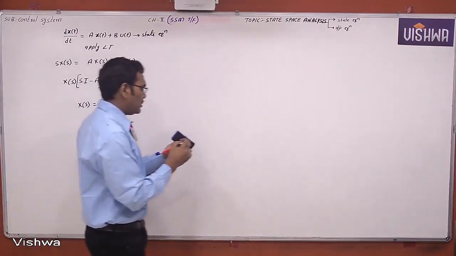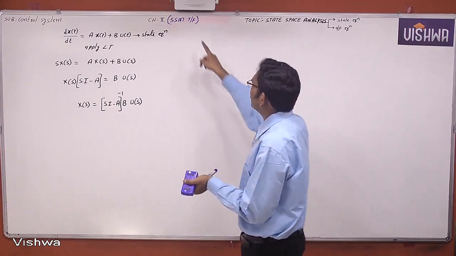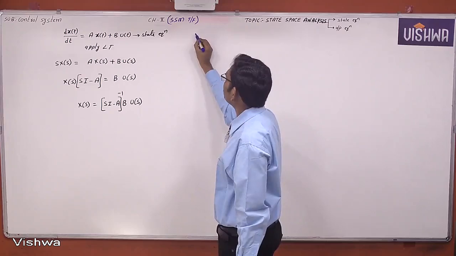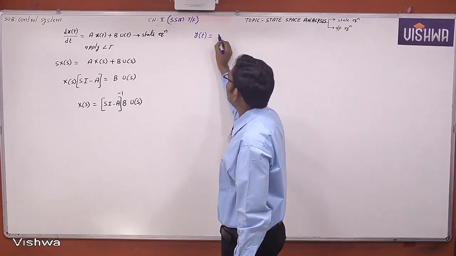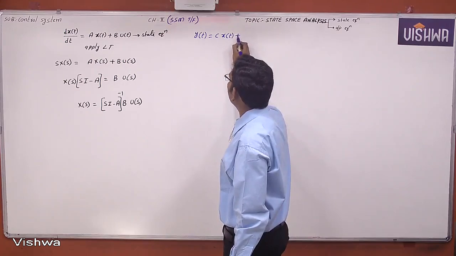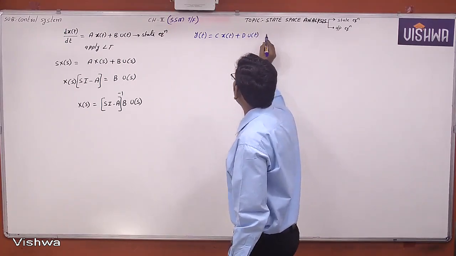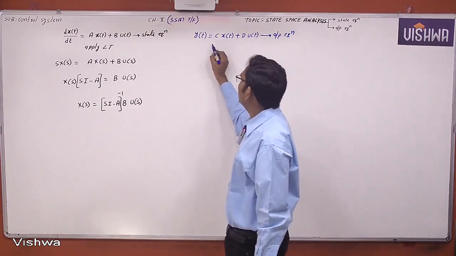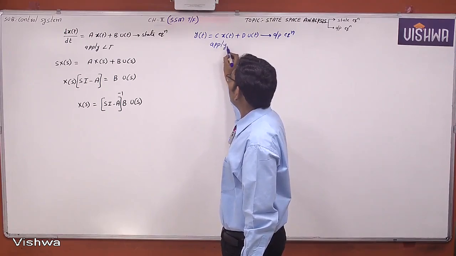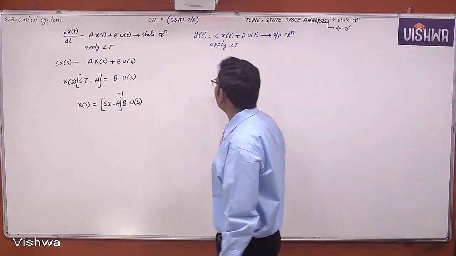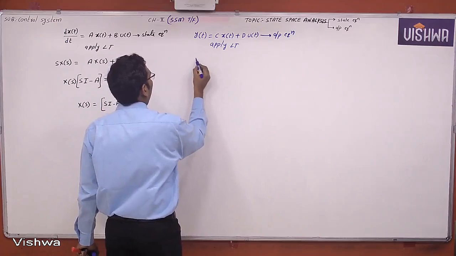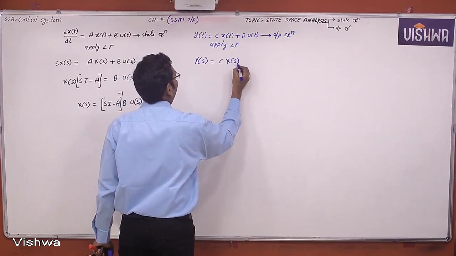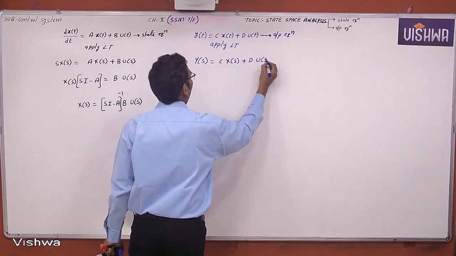Now this is the state equation, but I want the state space model transfer function. Transfer function means the output equation. What is the output equation? Y of t equals C into x of t plus D into u of t. This is the output equation. Then you apply the Laplace transformation, which means Y of s equals C into X of s plus D into U of s.